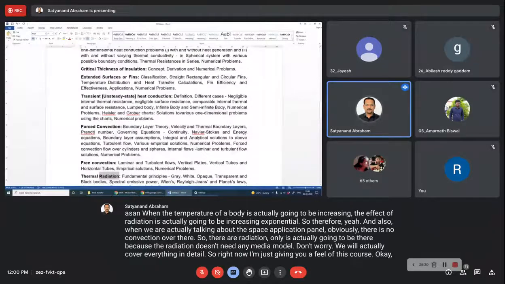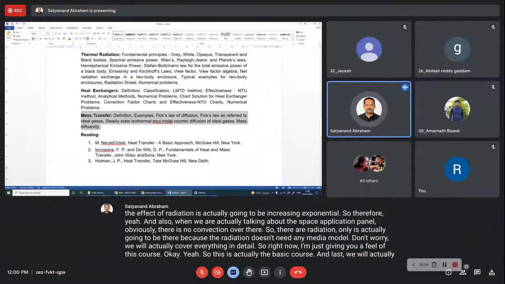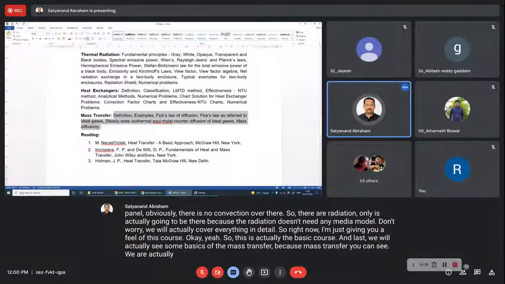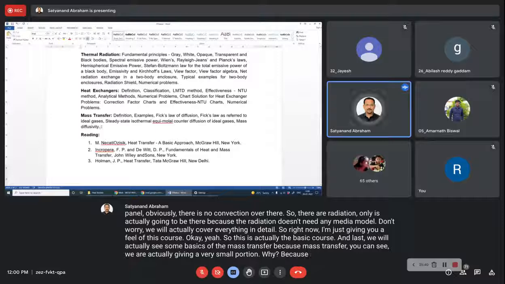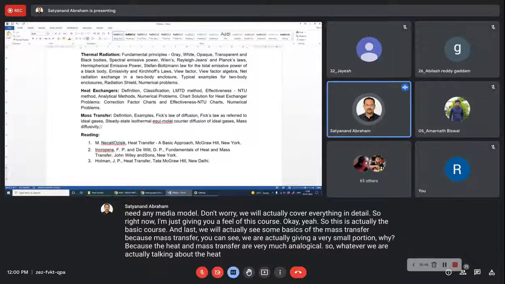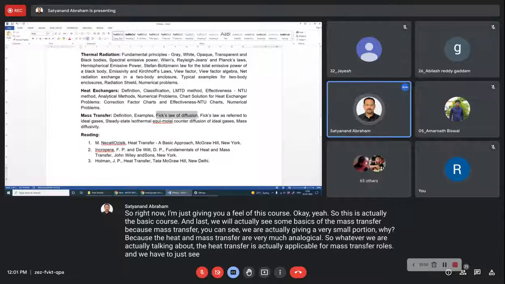This is the basic course, and last we will see some basics of mass transfer, because you can see we are giving it a very small portion. Why? Because heat and mass transfer are very much analogous. Whatever we talk about in heat transfer is applicable for mass transfer also, and we have to see only some laws.